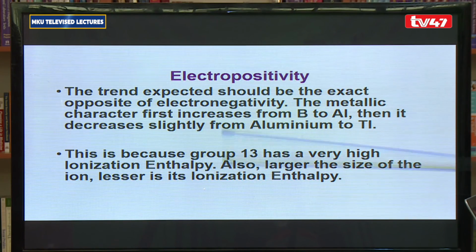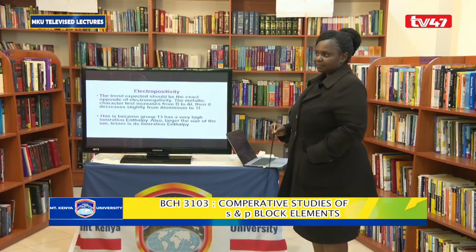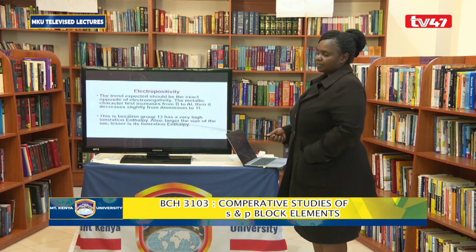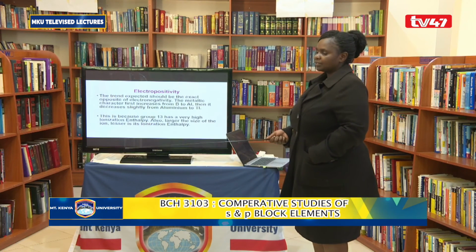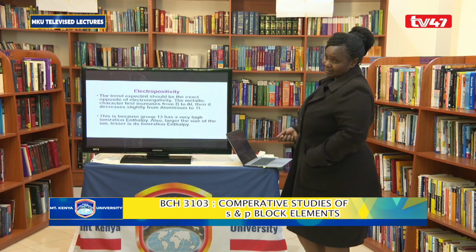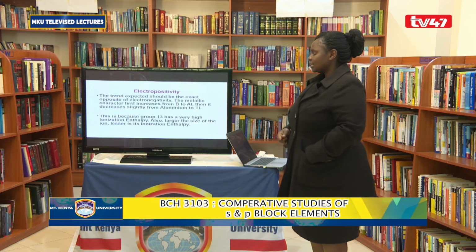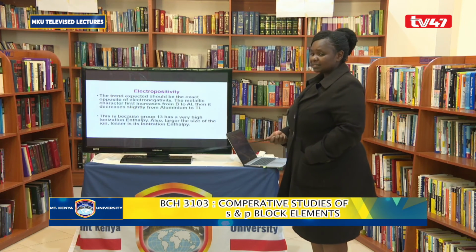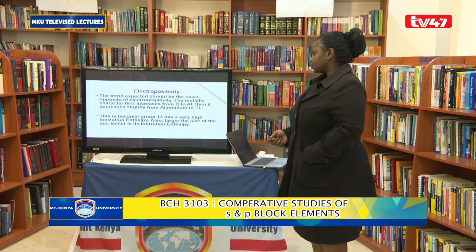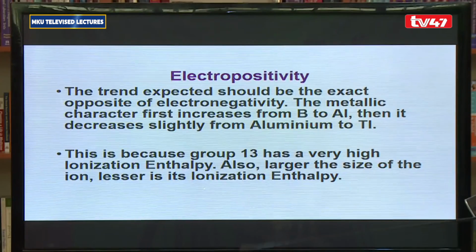The electropositivity is limited because group 13 has very high ionization enthalpy. Remember, as we move across the period, the effective nuclear charge is increasing, and so when the effective nuclear charge increases, the atomic sizes also become smaller. That is why they have higher ionization energies compared to the s block elements.